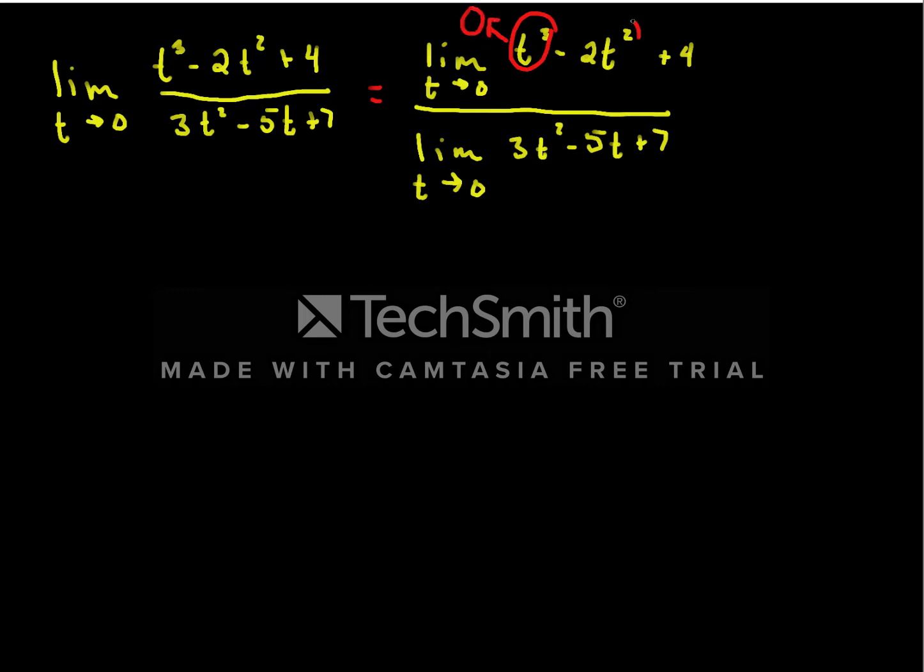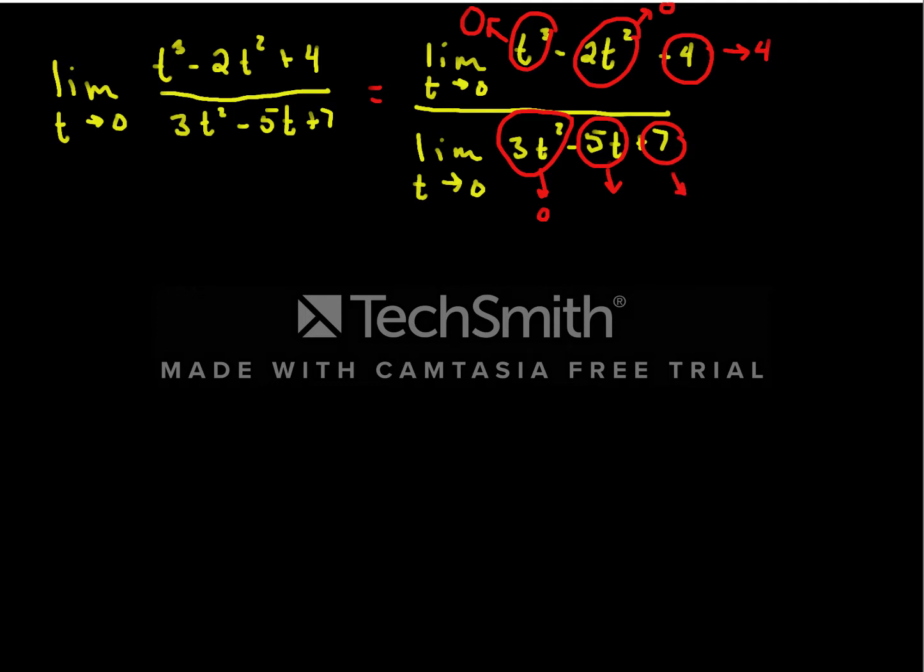And this, as t gets infinitely close to 0, is going to get close to 0. And then 4, well, there's no t in it, so it would just stay at 4. And here, 3t squared is going to 0, 5t is going to 0, and 7 is going to 7.